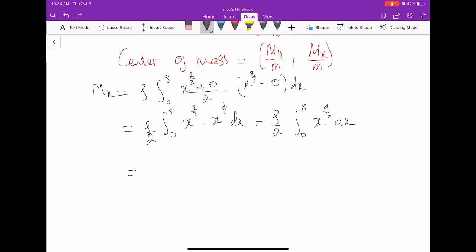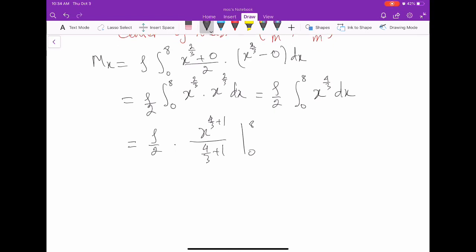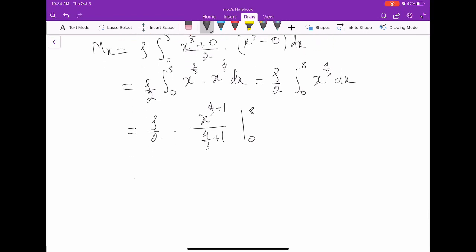Antiderivative of x to 4/3 is x to 4/3 plus 1 over 4/3 plus 1 evaluated from 0 to 8.